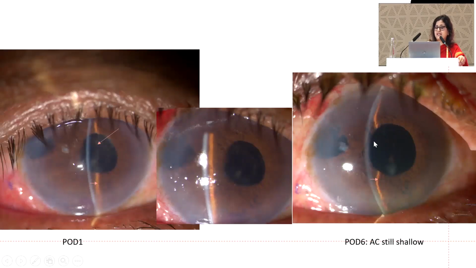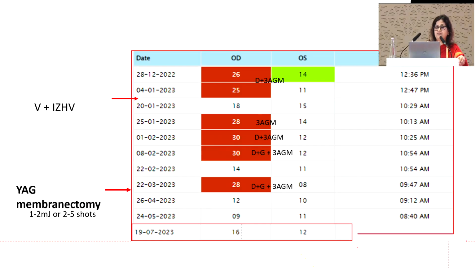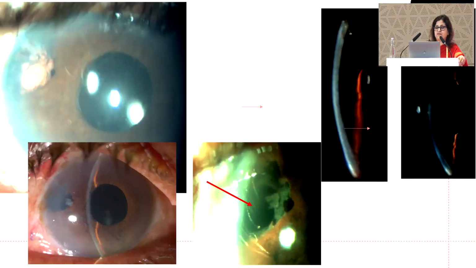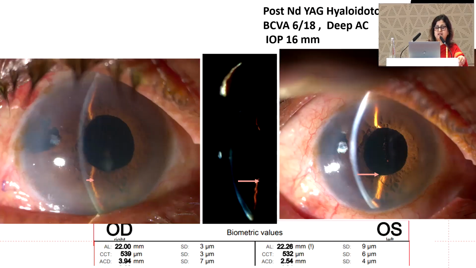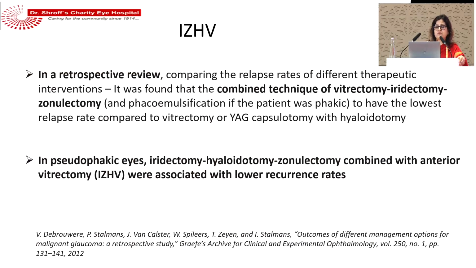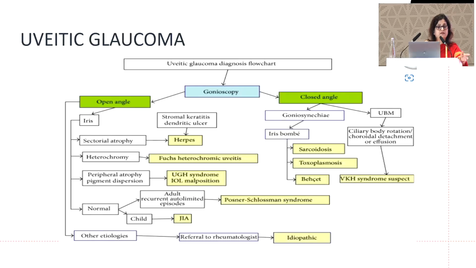However, to our surprise, the AC was still shallow, but when we carefully examined the patient, there was a membrane covering this iridectomy, and we did a YAG iridotomy or membranectomy to release the block, and then the patient did very well. Literature also suggests that in pseudophakic eyes, IZHV was associated with poor recurrences.